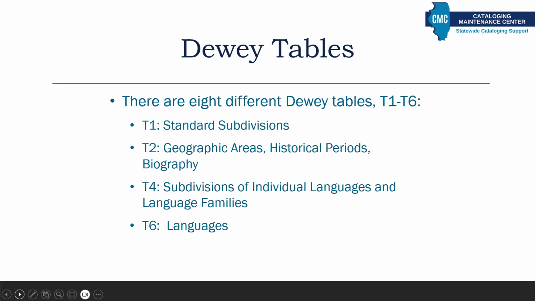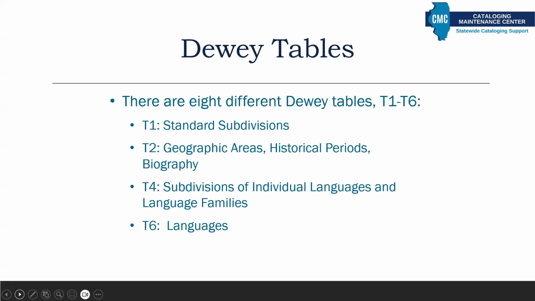This table includes the standard subdivisions seen in T1, but also 1 to 5, description and analysis of the standard form of the language, 7, historical and geographic variations, modern non-geographic variations, and 8, implied linguistics.